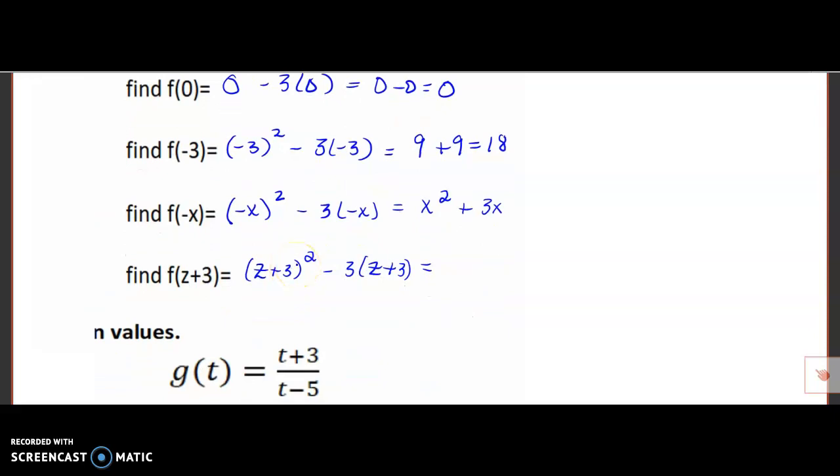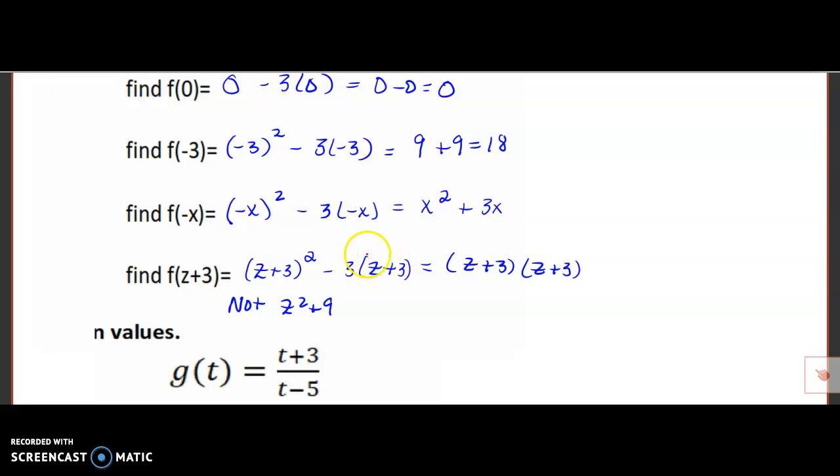Z plus 3 squared is not z squared plus 9. You don't distribute the square inside. If you have to square a binomial, you need to write it twice. Square means to write it twice, and then use the FOIL method to multiply that out.